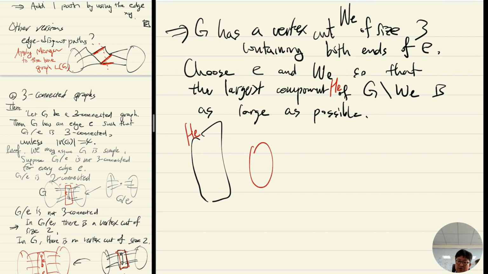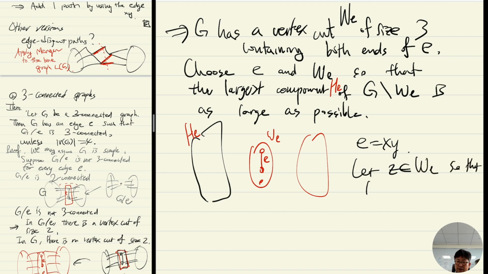So here's WE, and there are other vertices, and you have both edges here. Let's say the ends of E are X, Y, and let G be the vertex in WE so that WE is XYG.